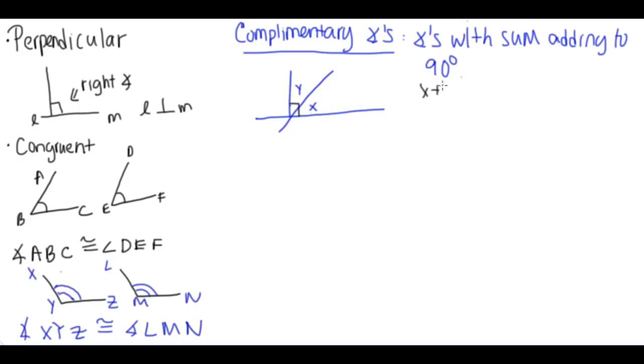So X plus Y equals 90 degrees. Therefore, X and Y are complementary. Complementary angles.